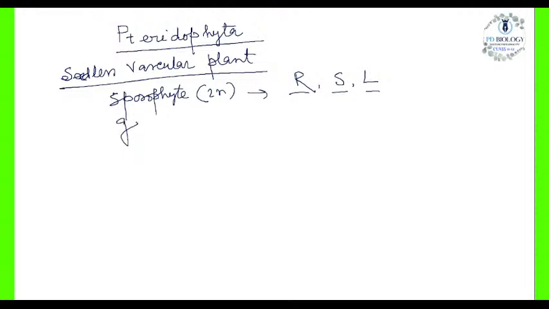Here the gametophyte is inconspicuous and independent. Leaves bearing sporangia, and the sporangia are called the sporophyll.